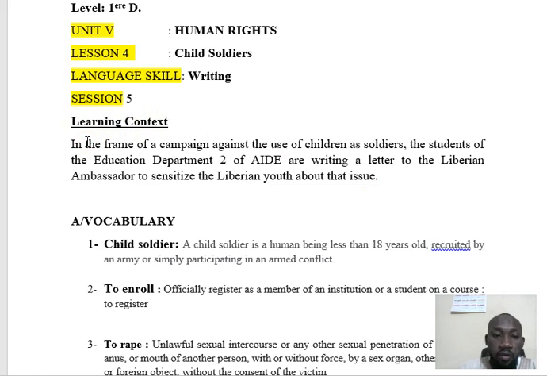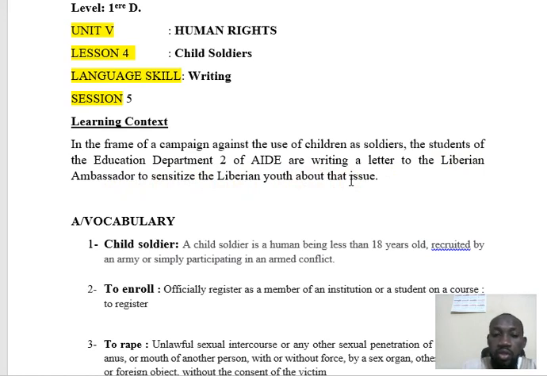In the frame of a campaign against the use of children as soldiers, the students of the Education Department 2 of Aide are writing a letter to the Liberian ambassador to sensitize the Liberian youth about that issue, right?